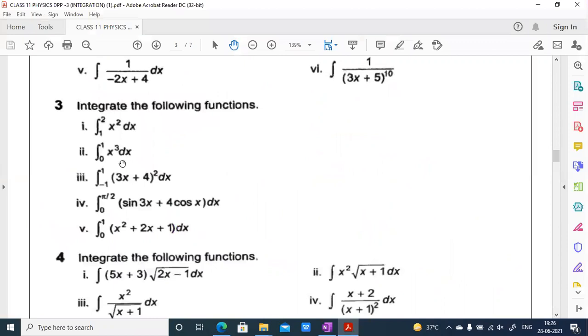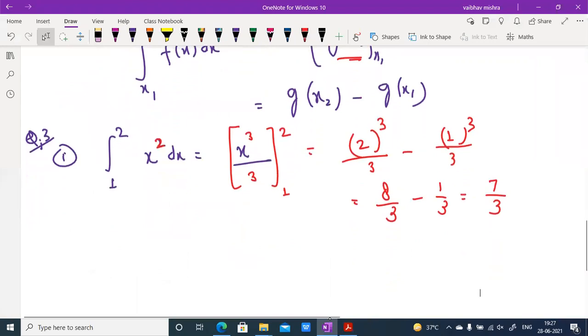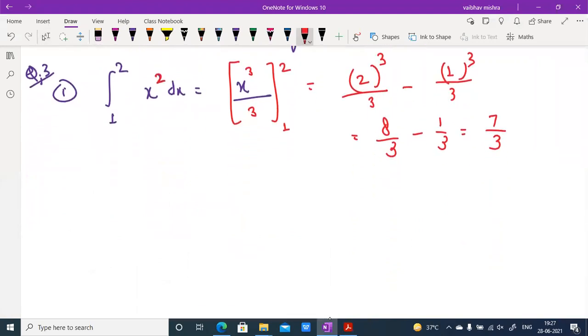So what will be the second one? Naira, now the second you have to do on your own. X cube. Okay, sir. It's just very simple. Just apply that formula, integration of x to the power n plus 1 divided by n plus 1.